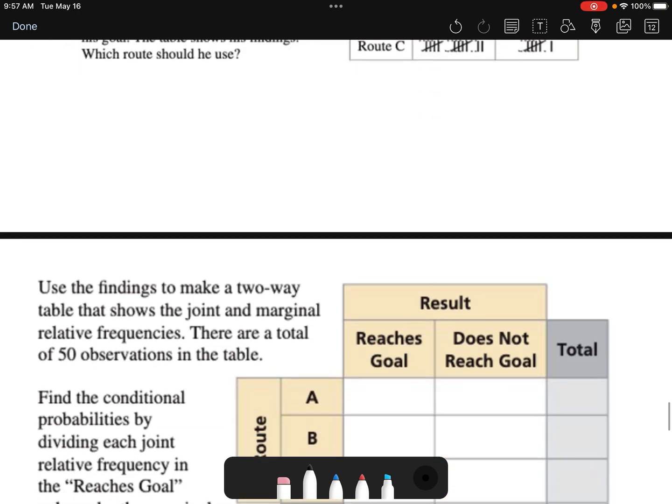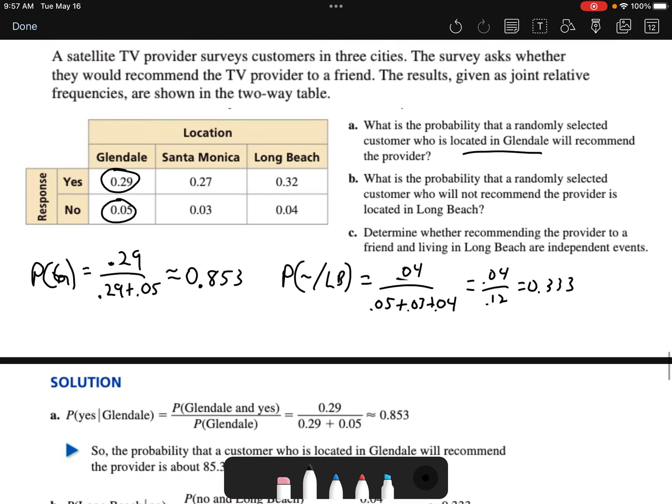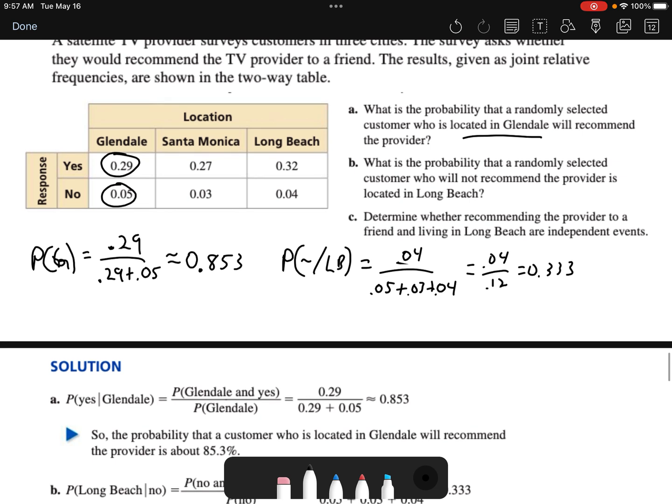Okay, and then we have a couple more, and I missed that on this slide. So on number 5, what is the probability that a randomly selected customer who is located in Santa Monica will not recommend this to a friend?